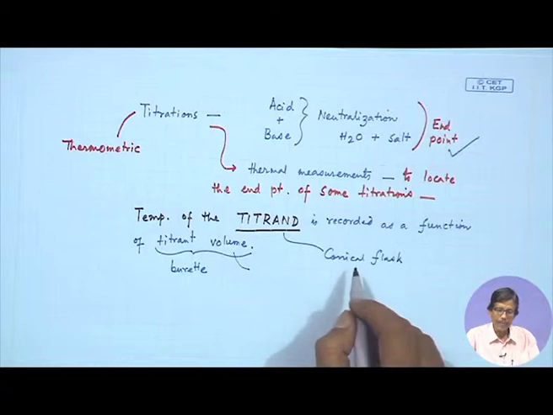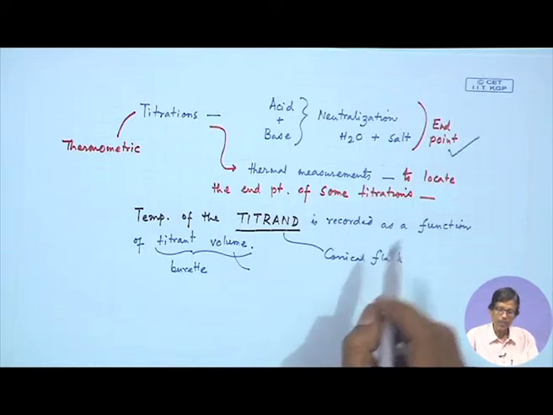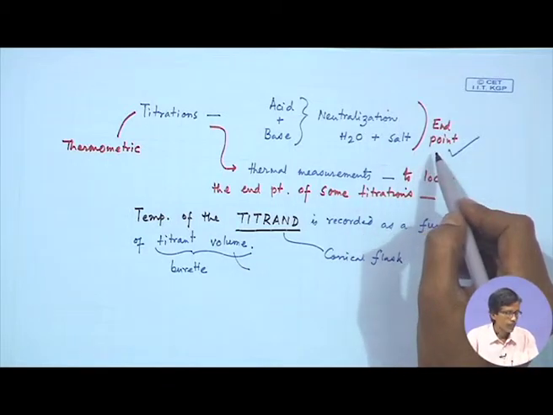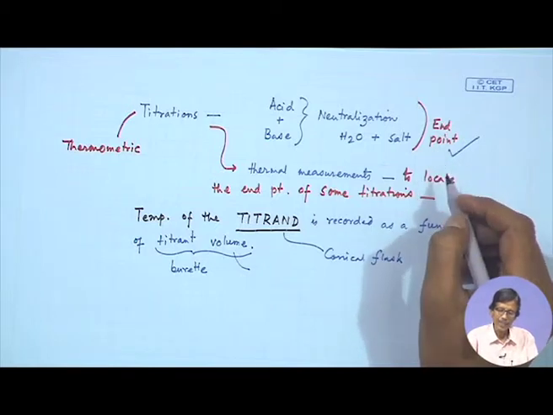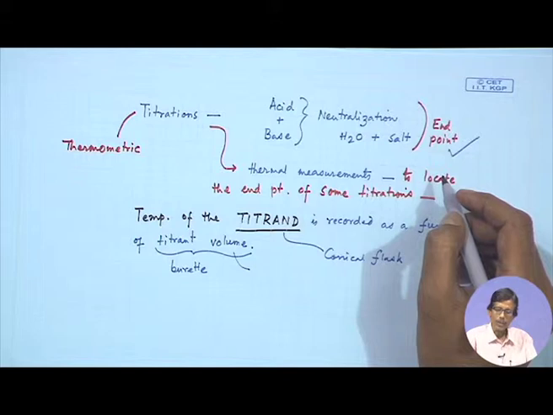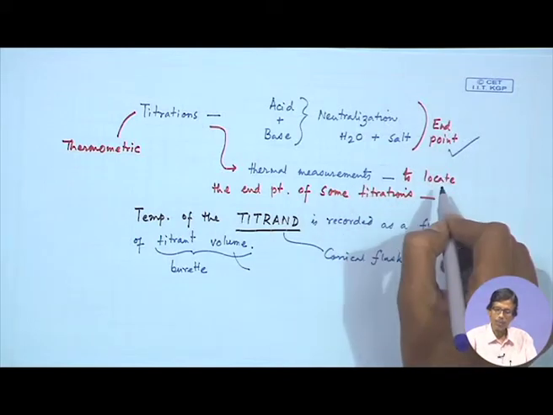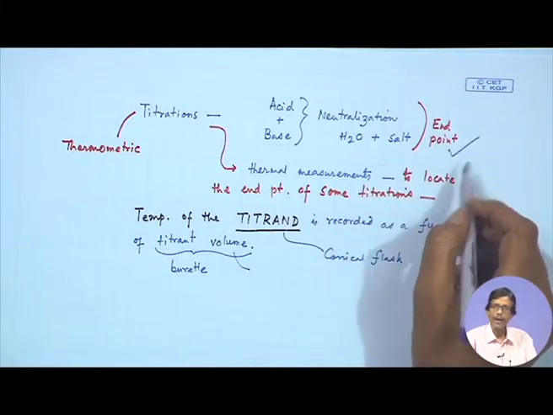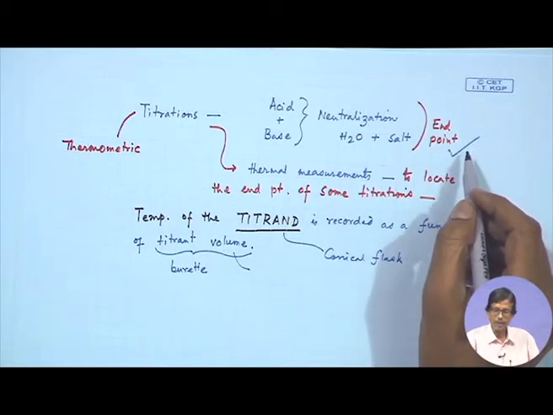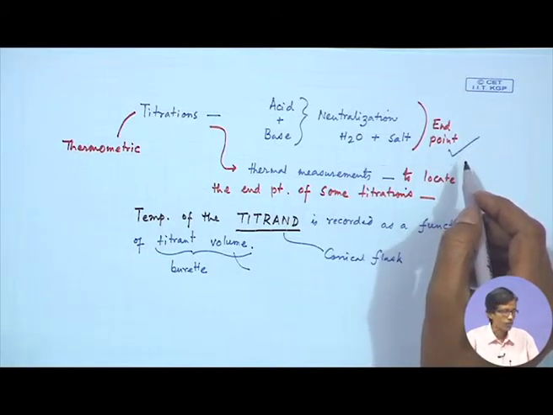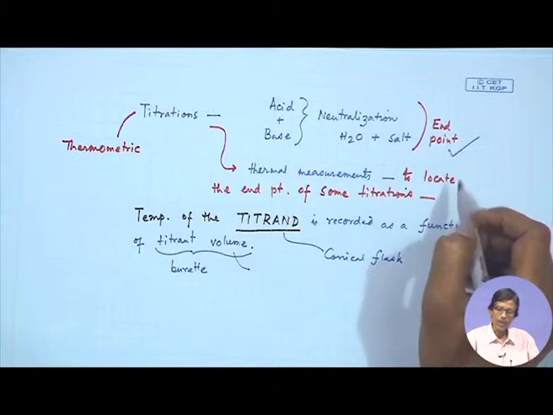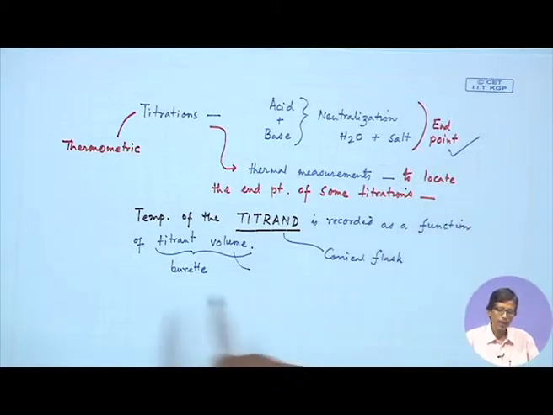So, we get some change in that particular temperature. At the neutralization point there will be a sudden change in the temperature. So, one monotonous change, then again a certain break, and the slope of this particular straight line beyond the end point will also be changing. That way we can locate the corresponding end point by doing the thermometric titration.